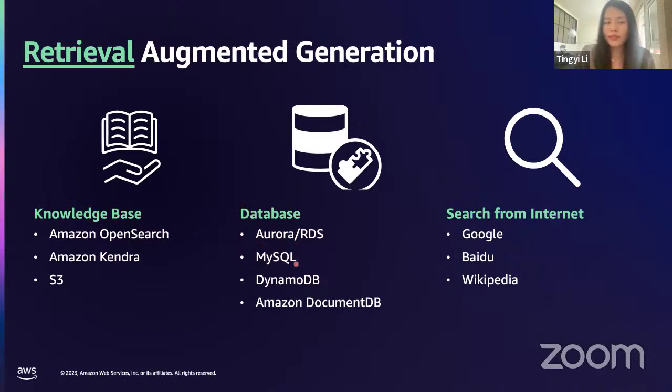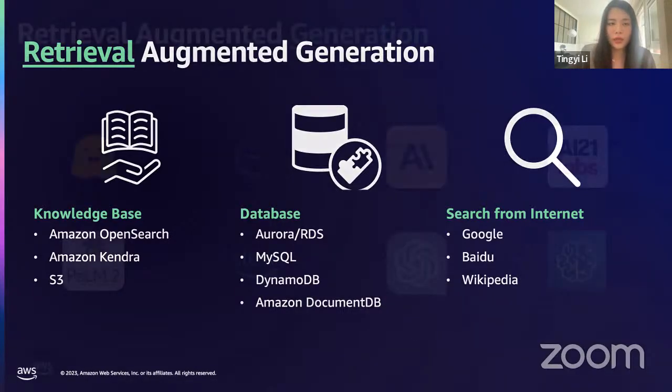More and more databases are supporting vector approaches for RAG. For instance, with RDS you can use pgvector directly, as it has support for this plugin. And of course, maybe you can use search engines out on the internet.